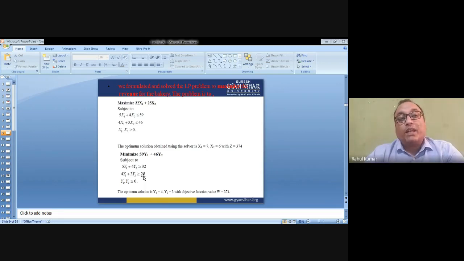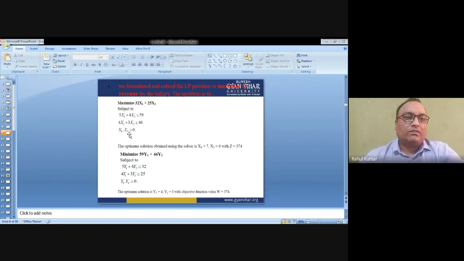This is a primal problem. If you want to maximize the profit of any organization, then this is the primal problem, and this is the minimization case for the duality problem, right? Then the maximization is 32x1 plus 25x2, and these are the two constraints: 5x1 plus 4x2 less than or equal to 59, and 4x1 plus 3x2 less than or equal to 46.